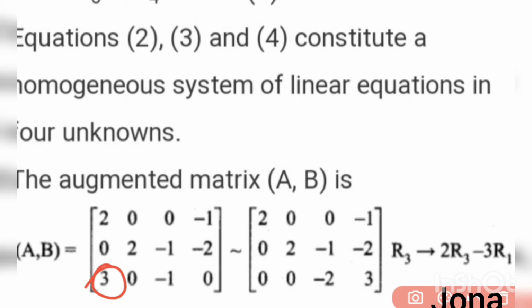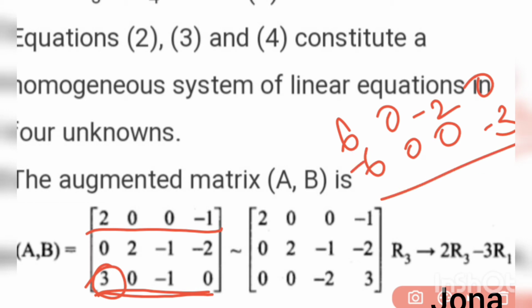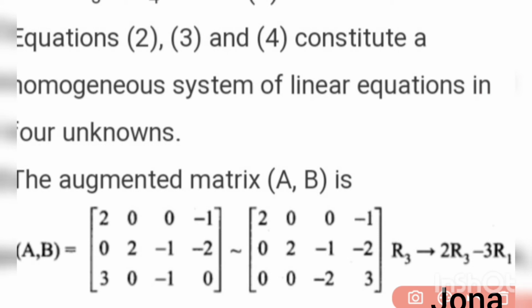If you multiply the first row by 3 and the third row by 2 and then subtract, you get 0, 0, minus 2, 3.